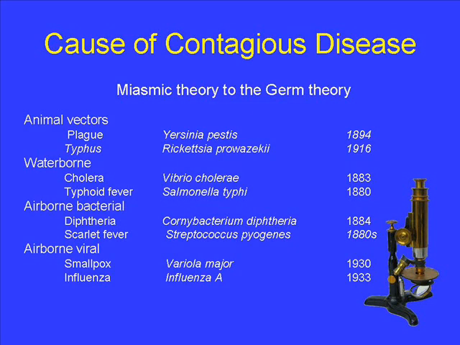The specific causes were identified, and the means of transmission were determined. And so the understanding of contagious diseases was really revolutionized, and in that context, obviously great changes occurred. The viral infections, of course, were recognized as contagious diseases, but the viruses themselves had to await the electron microscope in the 20th century.